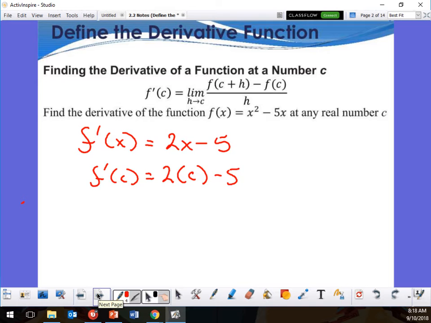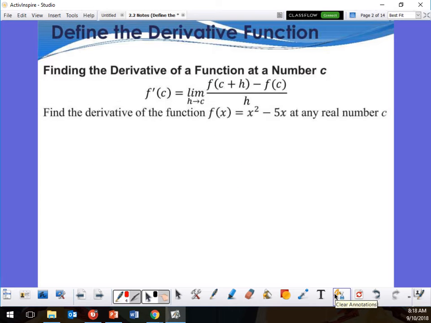Find the derivative of the function here, at any real number c. So as this approaches c, okay, so what would I do here?